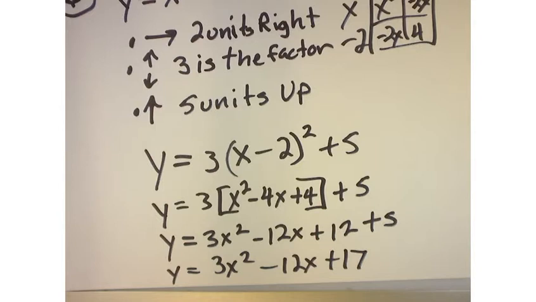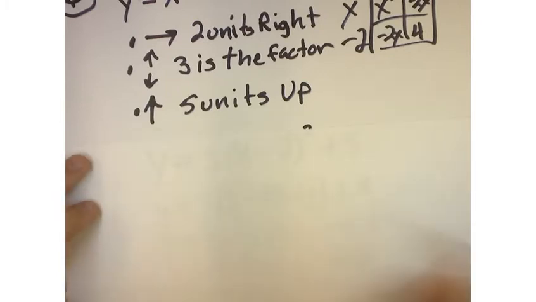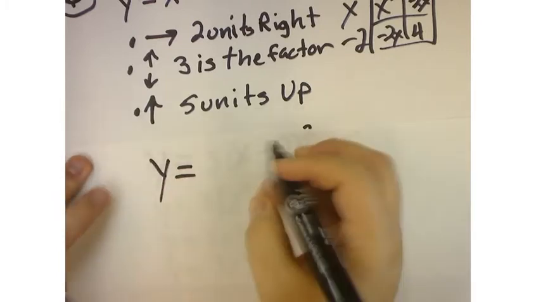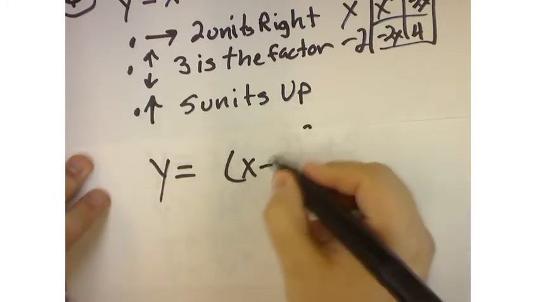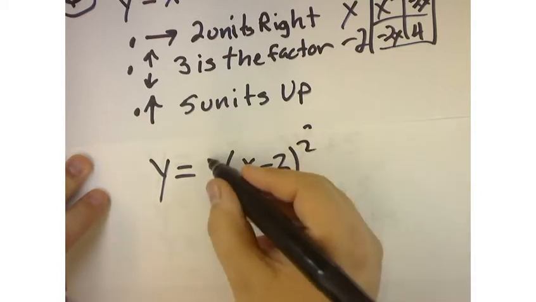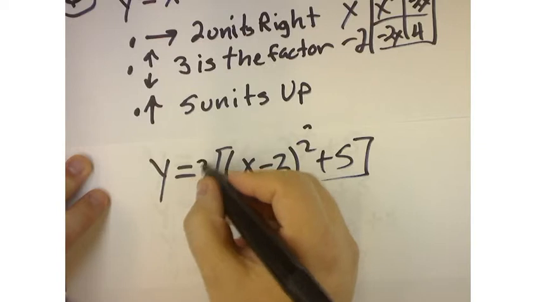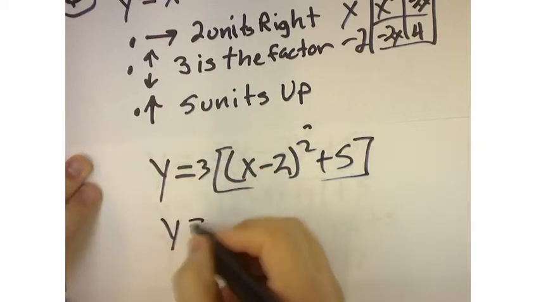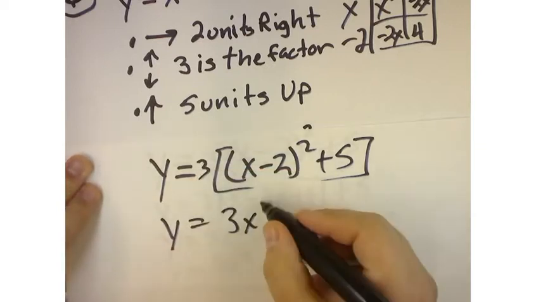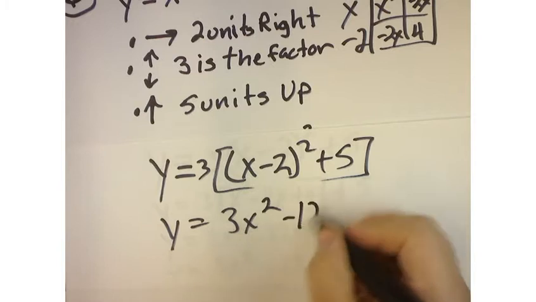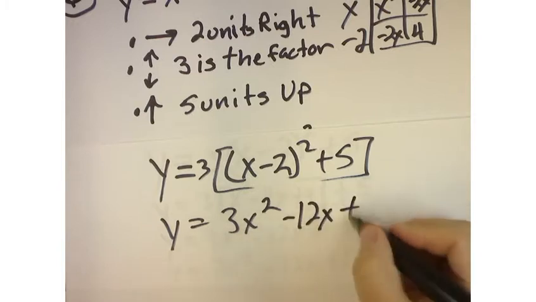If I do it another way, let me show you what I'm talking about. If I say y equals (x minus 2) squared plus 5, and then I take this whole thing and multiply it by 3, I end up with 3x squared minus 12x plus 27.